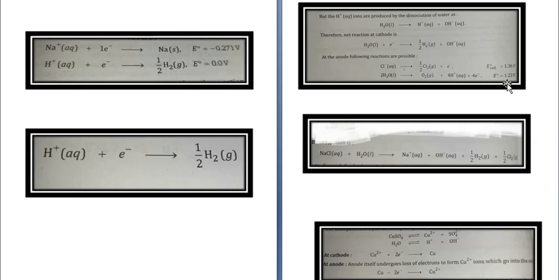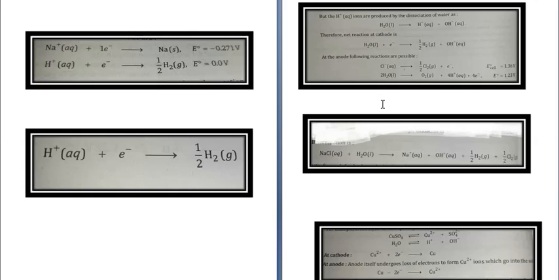Sorry, these are plus, not minus. So the reaction at anode with lower E0 value is preferred, and therefore water should be oxidized in preference to Cl-. So this is the reaction that will take place.